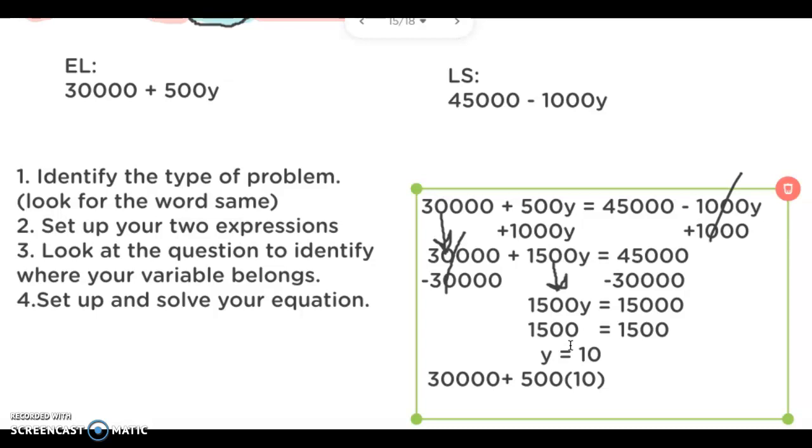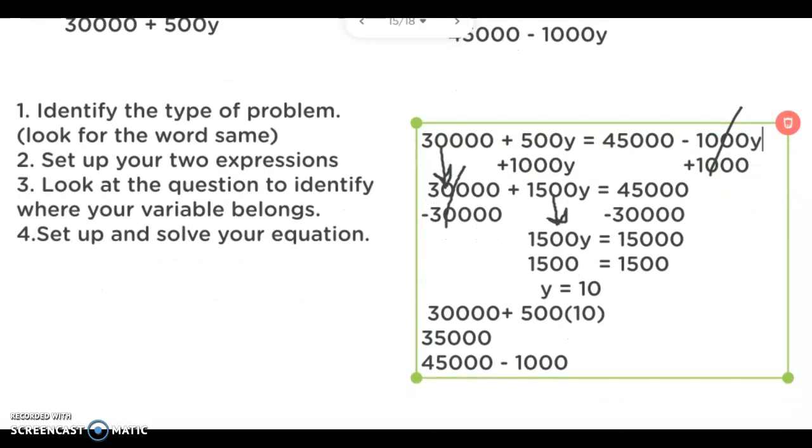I'm doing this math really quick. It's too many zeros. And then doing the same with the 45 here. And I'm going to plug 10 in parentheses right here.